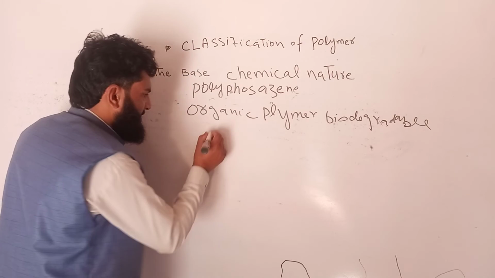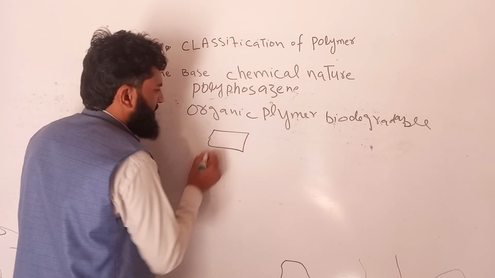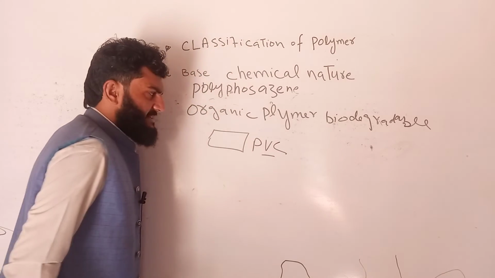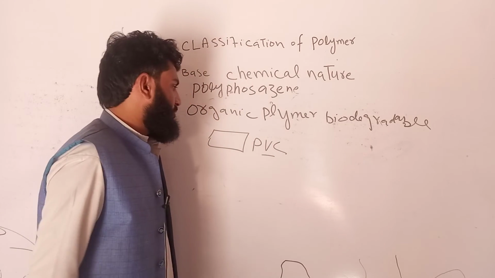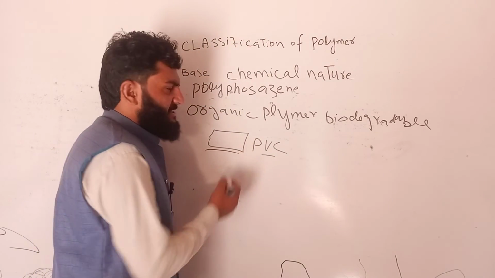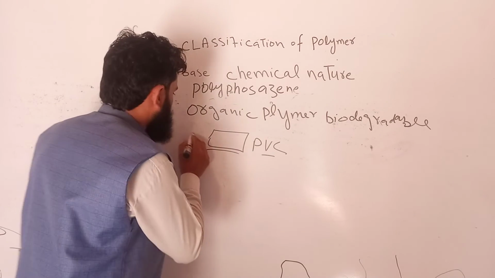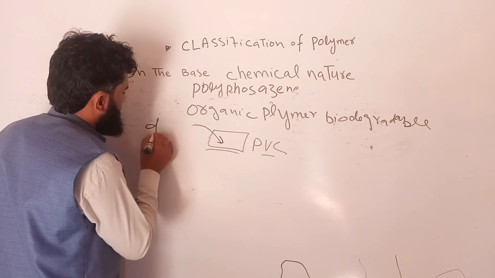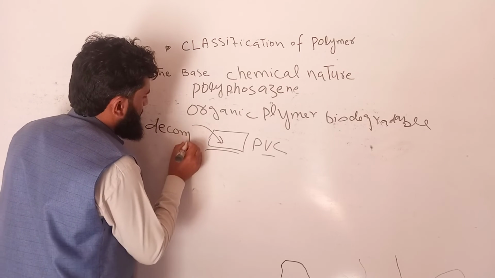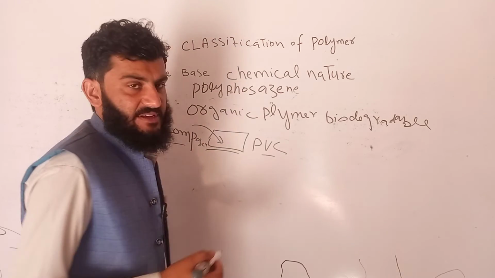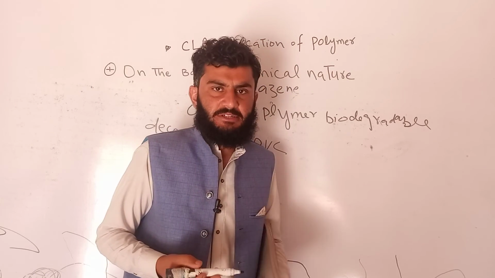For example, this is a piece of polyvinyl chloride, and if it is found in garbage, for example, a scavenger can decompose it.